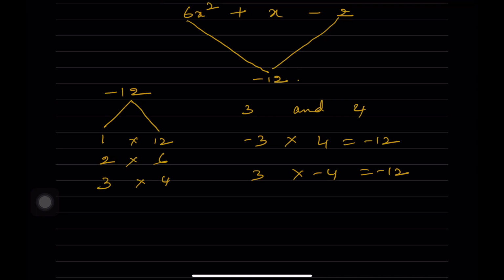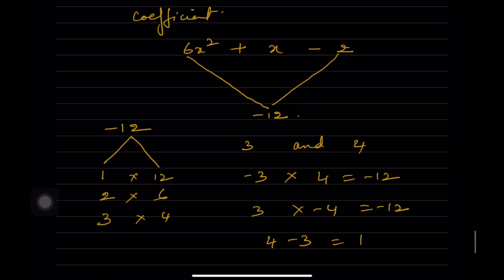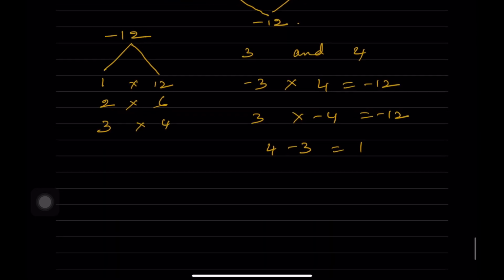So the coefficient is positive, which means if you're taking 4 and minus 3, then it will become positive. You're getting a positive one. And 4 into minus 3 will also give you minus 12. So therefore we can write it as minus 3 plus 4 is equal to 1, and minus 3 into 4 is equal to minus 12.